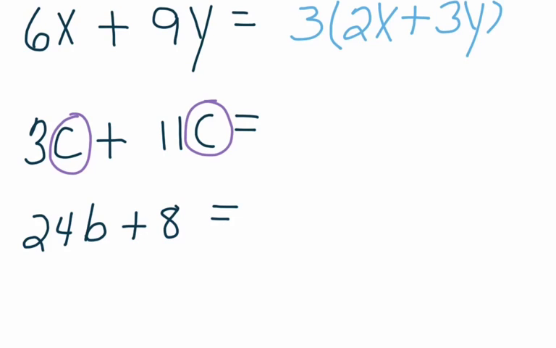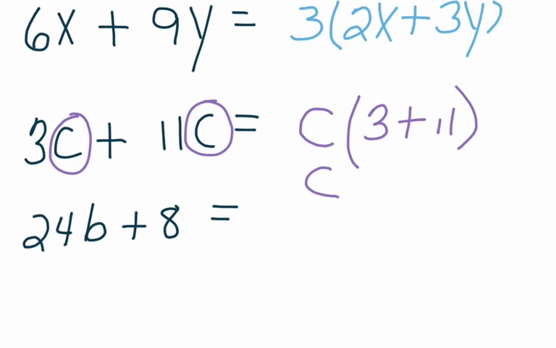So we're going to pull c out, okay, and we are left with c times 3 plus 11. Also acceptable would be c times 14, because 3 plus 11 is 14. I would accept either one of those answers.